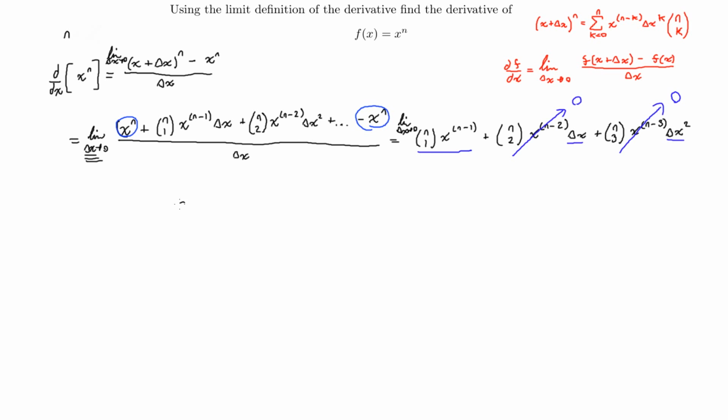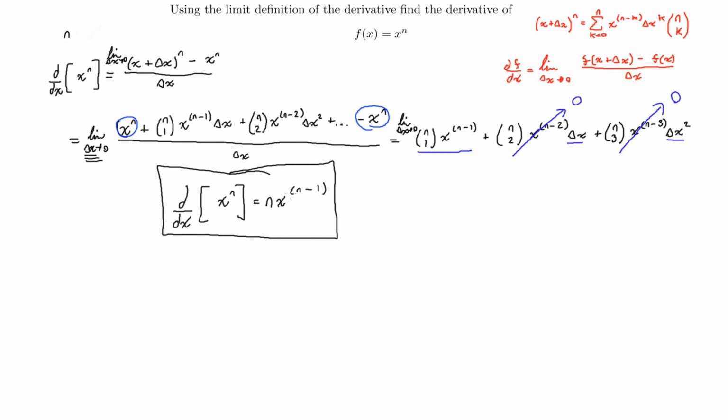That means the derivative with respect to x of x to the n is equal to n choose 1, x to the n minus 1. And n choose 1 is actually just n, so it's n x to the n minus 1. And that is our power rule right there.